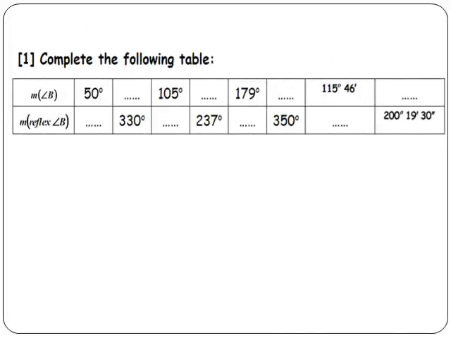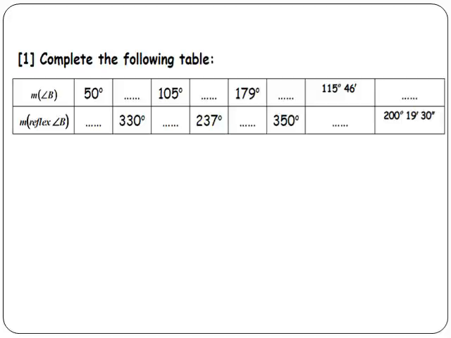Complete the following table. He gives me the measure of angle B equal to 50 degrees, and he wants the reflex of angle B. Do you remember that? The reflex angle is between 180 and 360.